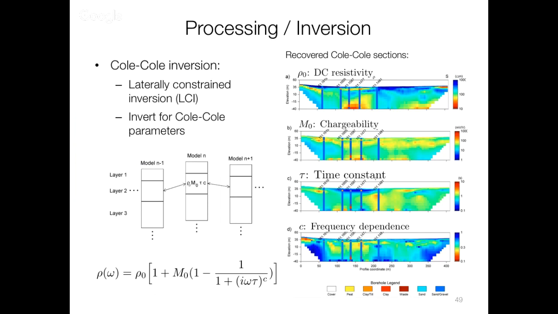They did, yes. I think they, why did I think 25? I'm not sure, but yeah, they predefine the number of layers. So if you invert that, if you have a DC resistivity section, you convert it and you can get the resistivity and the chargeability, the time constants, and the frequency dependency.